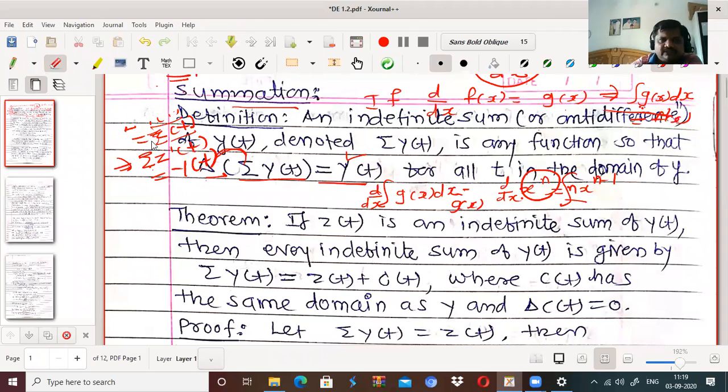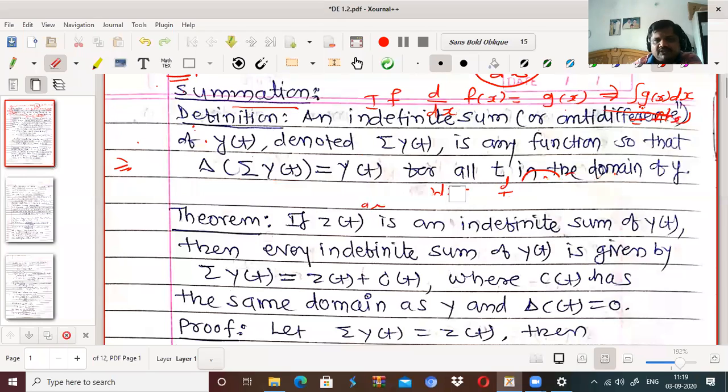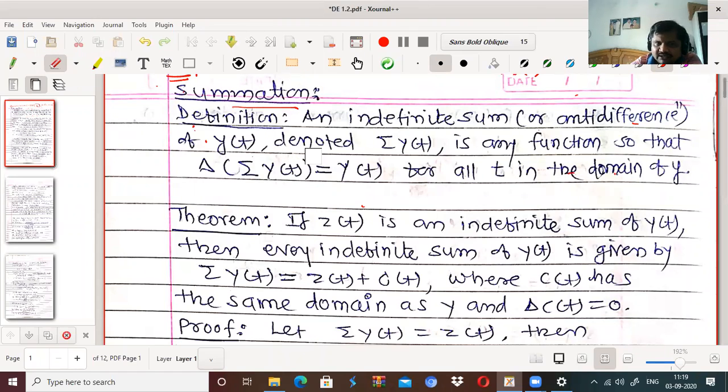Okay, so we have got the concept of summation. It is a very simple summation concept. If delta of yt equal to zt, then summation of zt equal to yt. Therefore, what is the definition? Definition is like this.